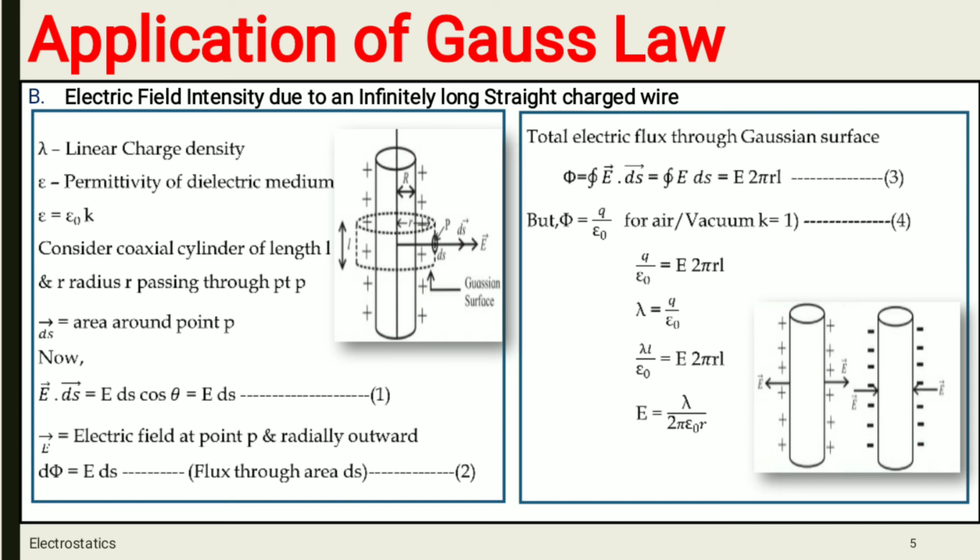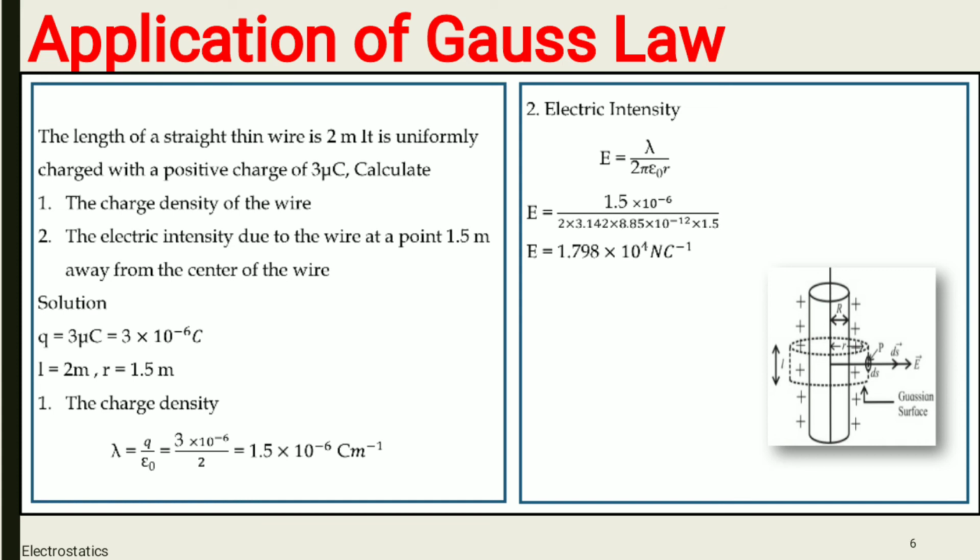Meaning, if the cylinder or wire is positively charged, the direction of the electric field is outward, and if the wire is negatively charged, the direction of the electric field is inward. Now we will study one problem on this application.